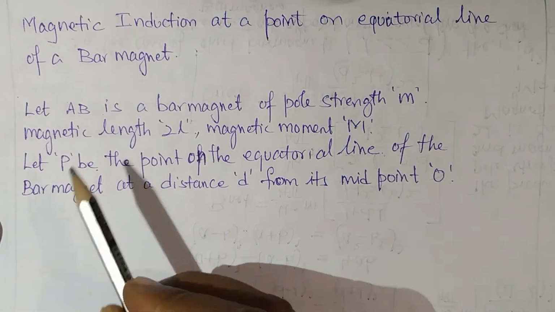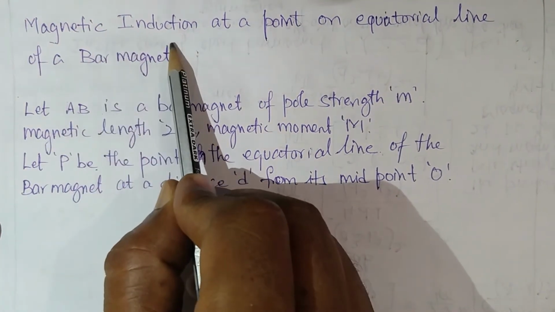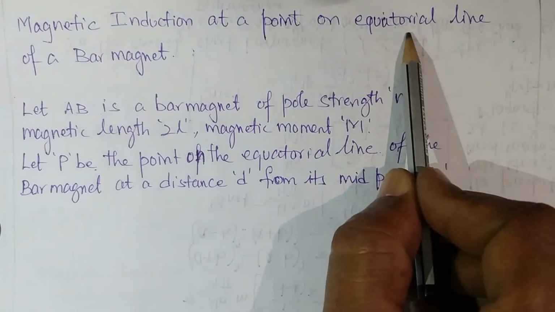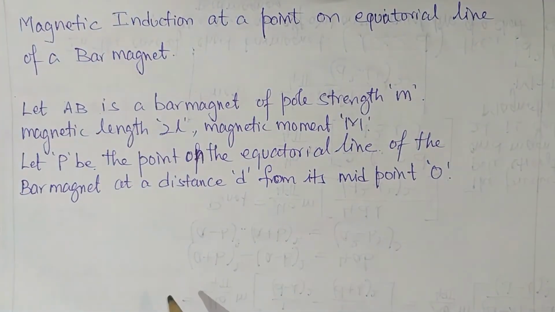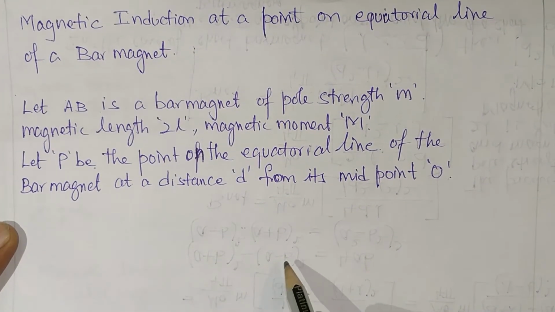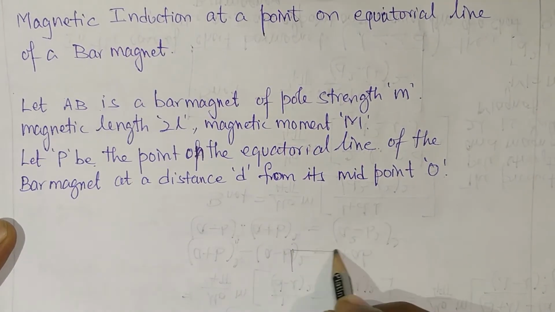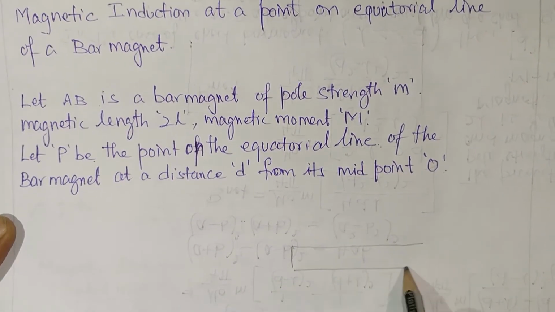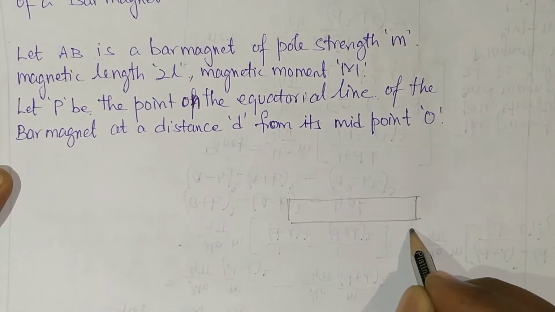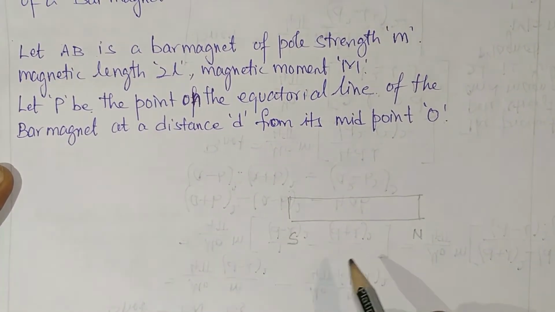Our next topic is to find the magnetic induction at a point on the equatorial line of a bar magnet. So what is the equatorial line of a bar magnet? Let us consider a bar magnet which has a north pole and a south pole.